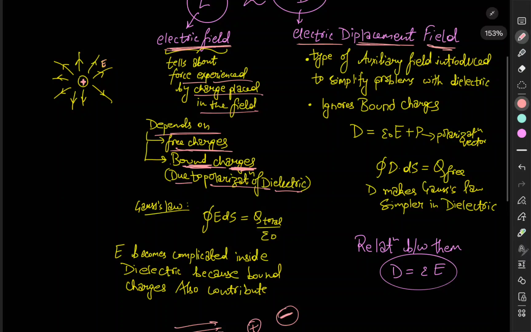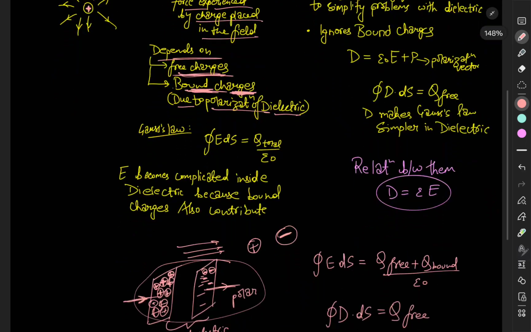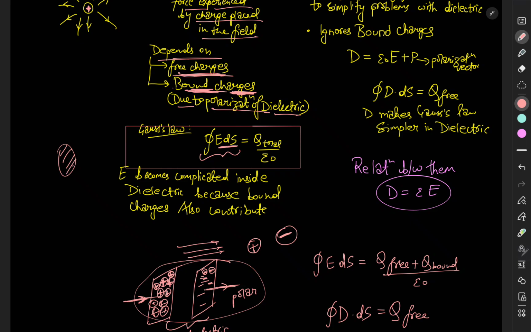So when we are talking about the electric field, we are considering both the free charges and the bound charges. And Gauss's law for the electric field says that, suppose we have a surface and these are electric field lines passing through this surface, then the total electric flux must be proportional to the charge.